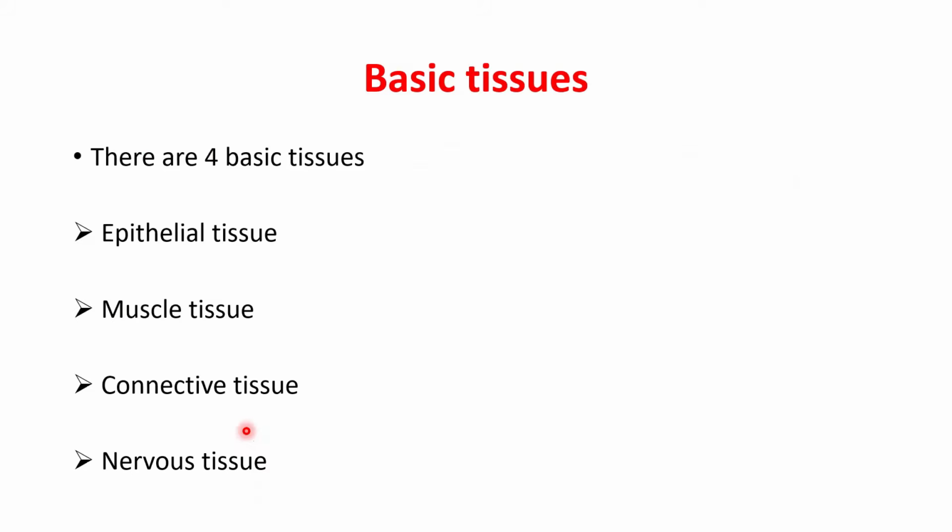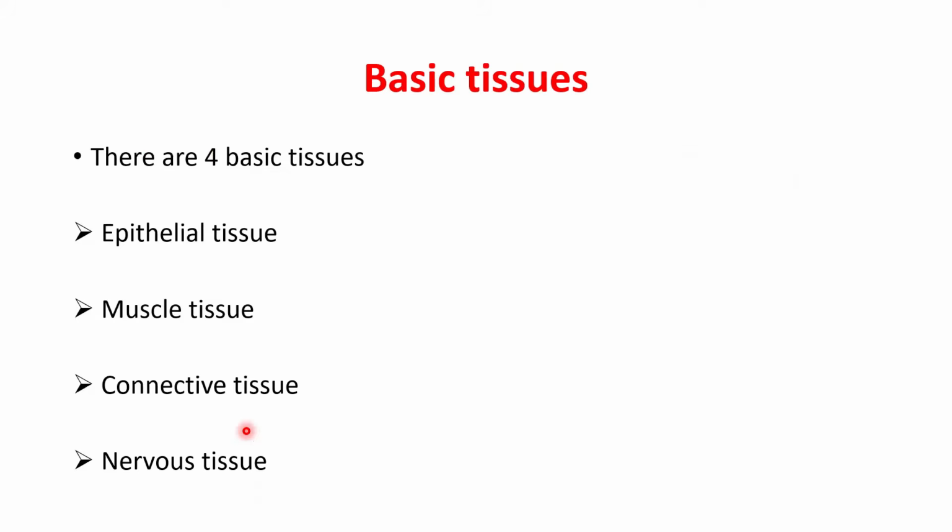For epithelial tissue, it lines various body cavities. For example, if you look at your skin, that's epithelium, that's epidermis. For the muscle tissue, you usually have skeletal muscles, cardiac muscles of the heart, and smooth muscles that are found in various organs. Then you have connective tissue, which, just by its name, connects various structures.